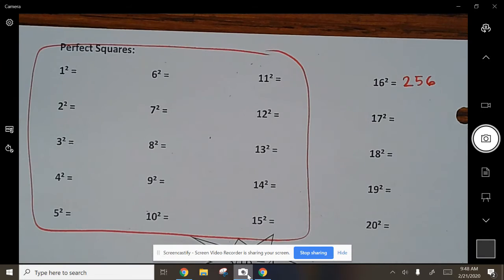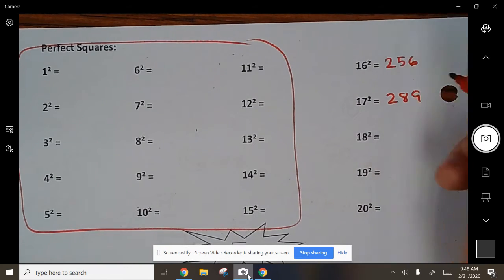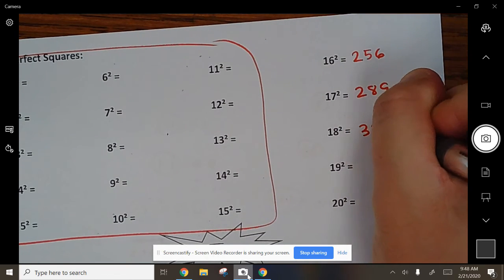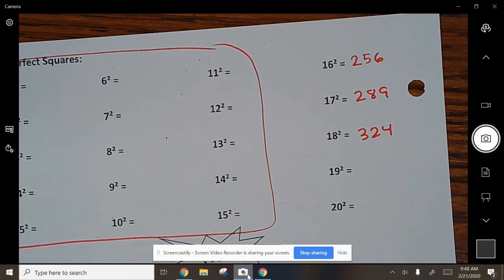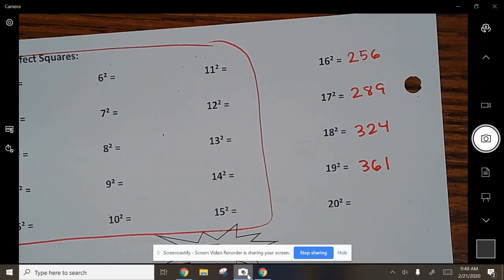When you finish this side, go ahead and fill in these ones. So I'm literally using a calculator because I don't remember these high ones. You will have a calculator available to you for these problems. But this unit, let me remind you, there are some questions on the benchmark where the calculator will not be allowed.